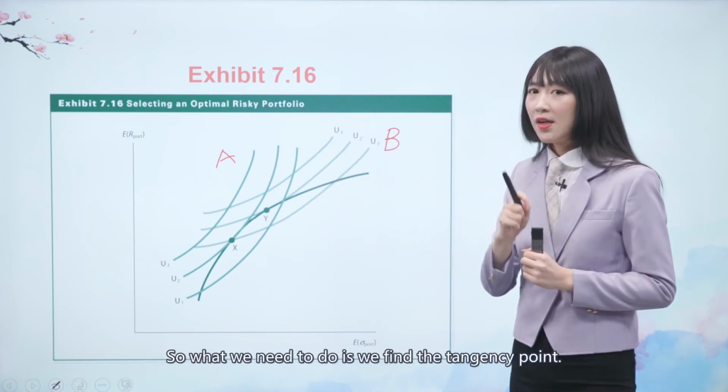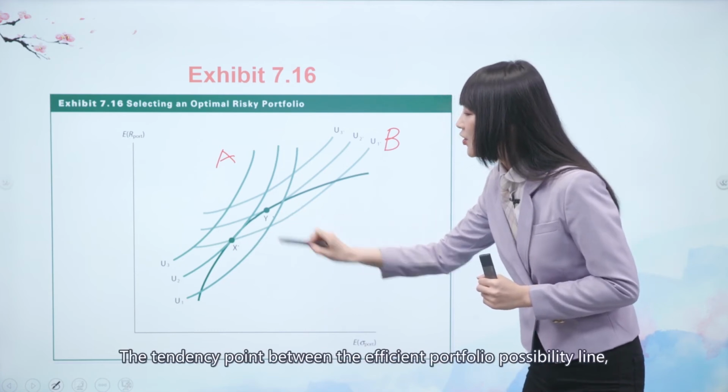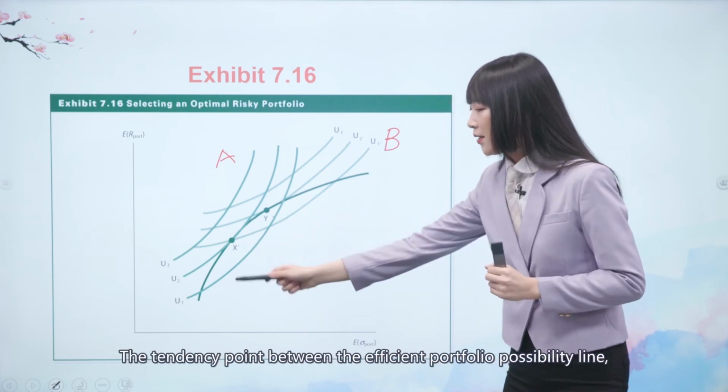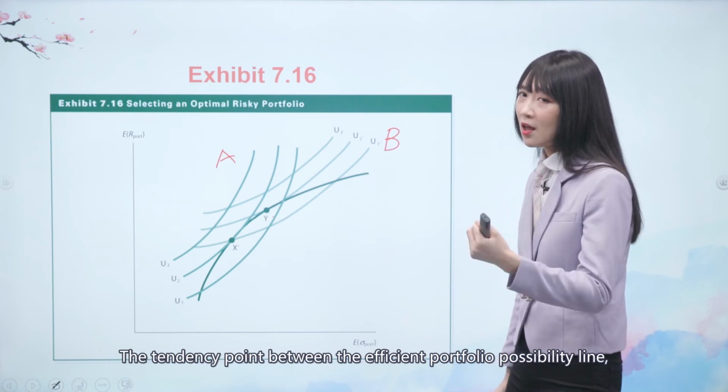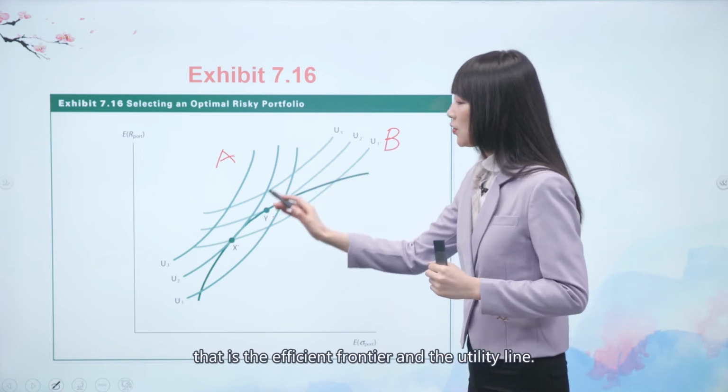So what we need to do is we find the tangency point. The tangency point between the efficient portfolio possibility line, that is the efficient frontier, and the utility line.